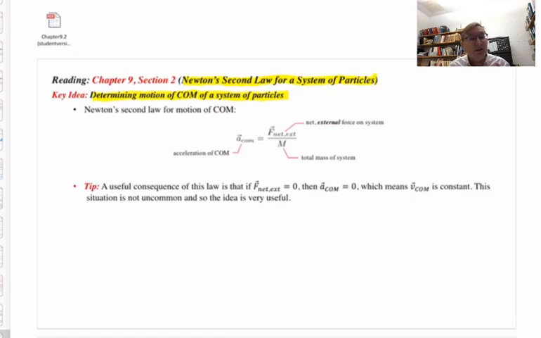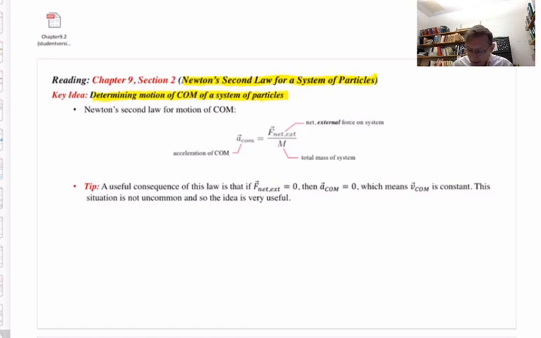If you want a little bit more justification, you can read our book, Chapter 9, Section 2. But I'm going to tell you the upshot right now. There is a form of Newton's second law specifically for the center of mass point, and that's what we would use to determine how the center of mass will move.